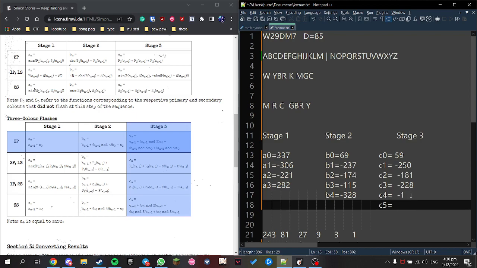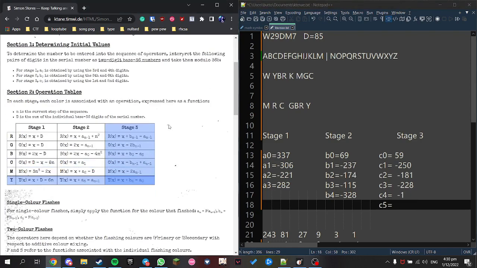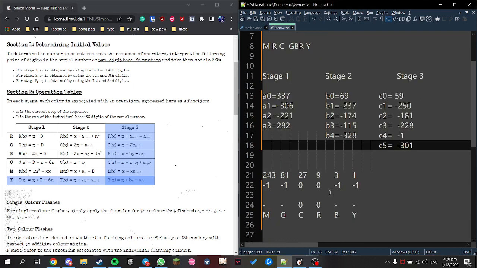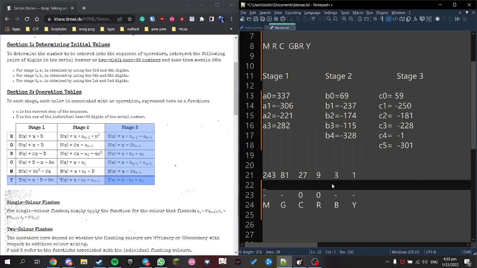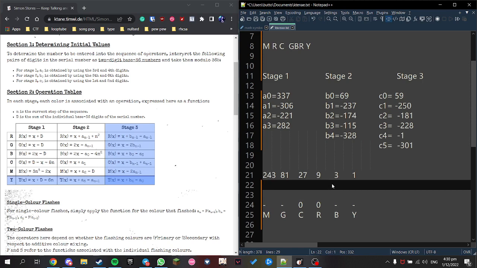Wow. And then the last step is yellow, which is negative 1 plus negative 328 minus 337. Holy moly. Plus 365. That will be negative 301. So now we're gonna do our ternary. So let's say 243.